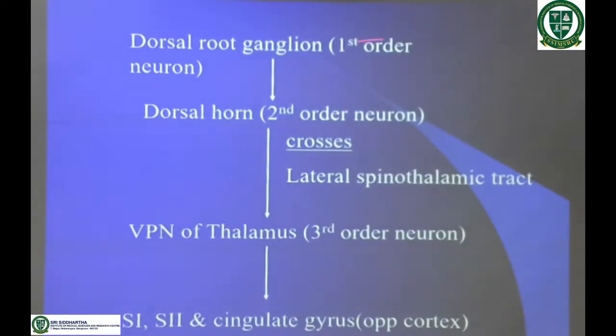The first order neuron is the dorsal root ganglion. The second order neuron is the dorsal horn, which crosses to form the lateral spinothalamic tract. Then the ventro-posterior nucleus of the thalamus has the third order neuron. From there the relay goes to sensory area 1, 2 and the cingulate gyrus in the opposite cortex.